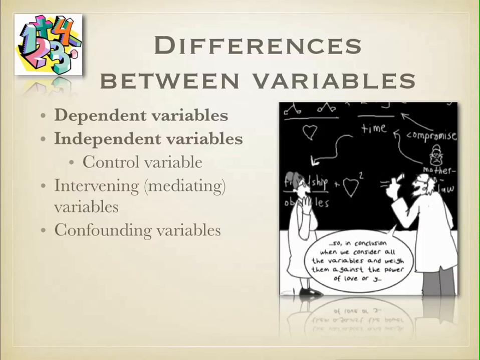But once we've done that, we need to perform the mathematical calculations and understand what those calculations are. So what we want to do is talk specifically about dependent and independent variables, what the difference is, and how that might help you in your study.